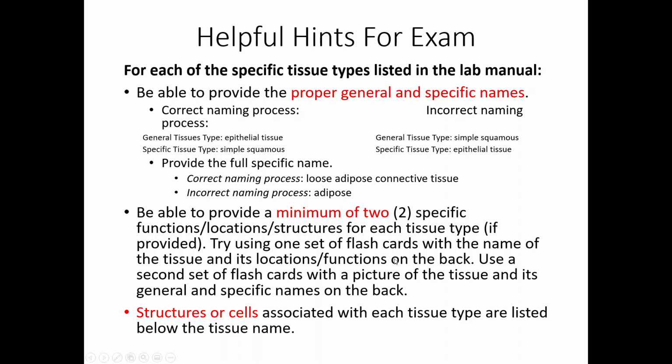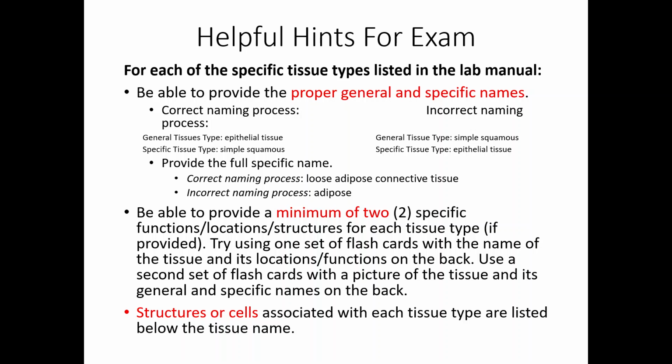Now, you're also going to want to know locations and functions for the tissues on your lab list. I would encourage you to perhaps make flashcards with a picture of the tissue on the front and then the locations and functions on the back so you can use them to study. And then don't forget about the additional structures or cells associated with some of the specific types of tissues in your lab list.